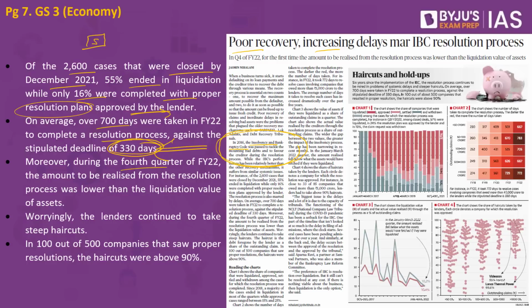Moreover, during the fourth quarter of financial year 22, the amount to be realized from the resolution process was lower than the liquidation value. Worryingly, the lenders continue to take steep haircuts. What do we understand by these haircuts? Let's say, for example, a person has given about 10 crores to one of the organizations.